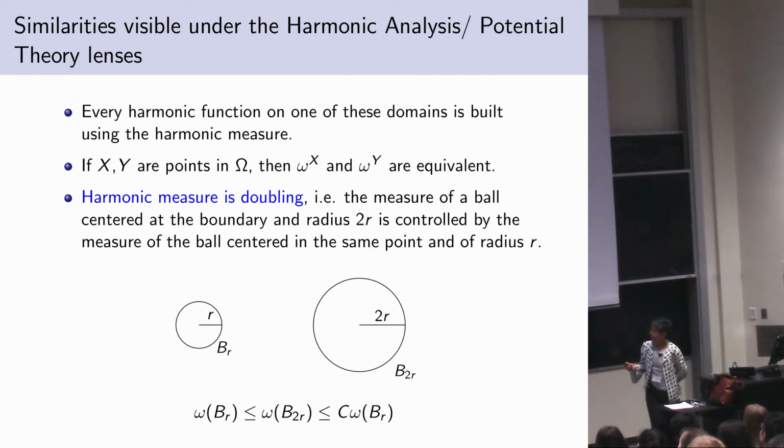It means that the measure of the ball of radius 2r is controlled by the measure of the ball of radius r. This is telling you that things are not going haywire. It's also telling you that there are no atoms and no points where the measure is concentrated. I wanted to highlight these because historically, this property has played a very important role in harmonic analysis, but in particular in history.